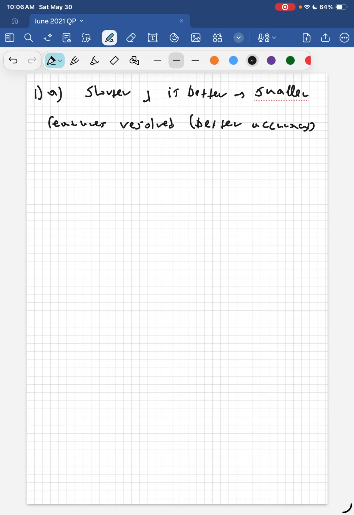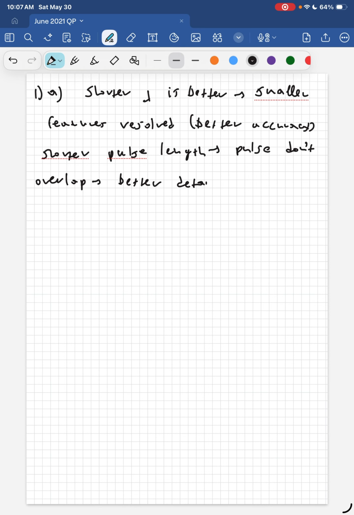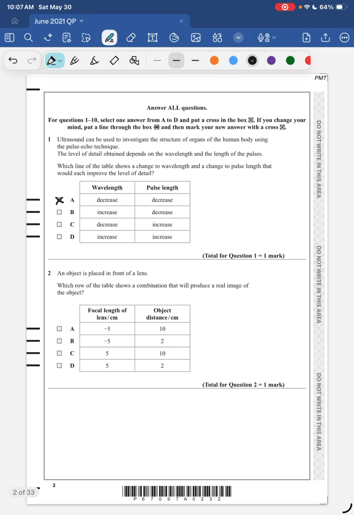And the reason why a shorter pulse length helps is because pulses don't overlap, and this gives you better detail. So option A is the correct one in this case. Both a shorter wavelength and a shorter pulse length help. Let's move on to question number 2.